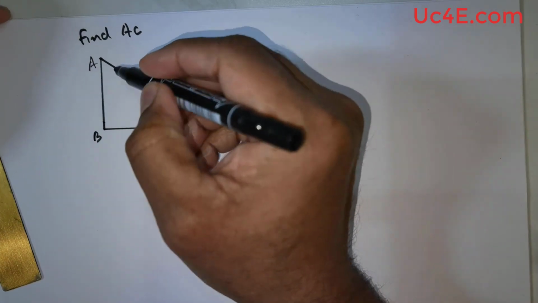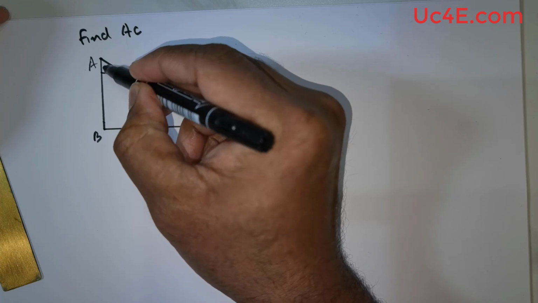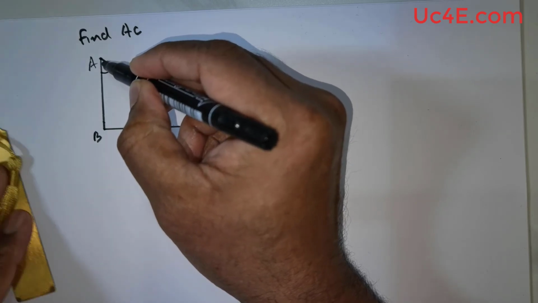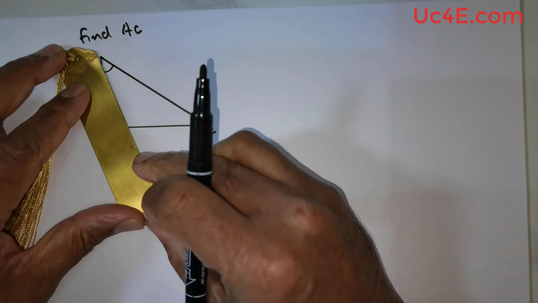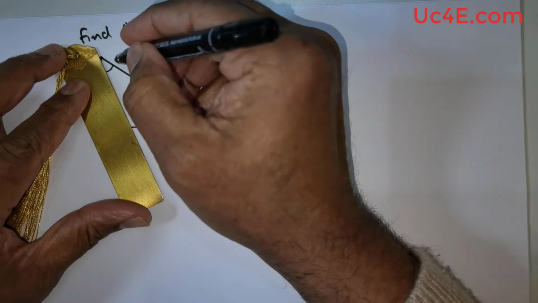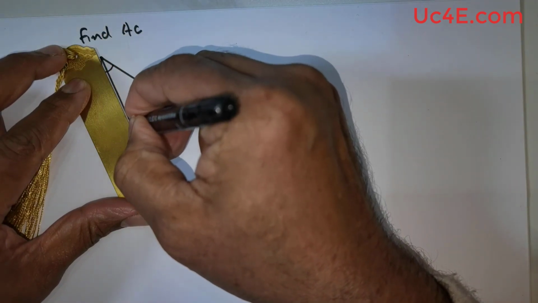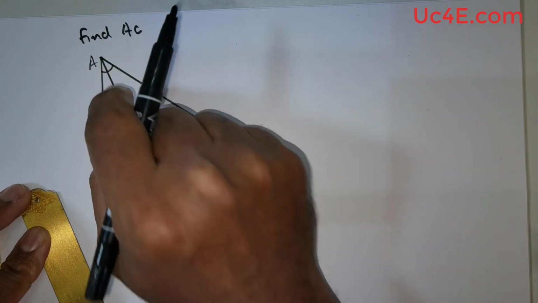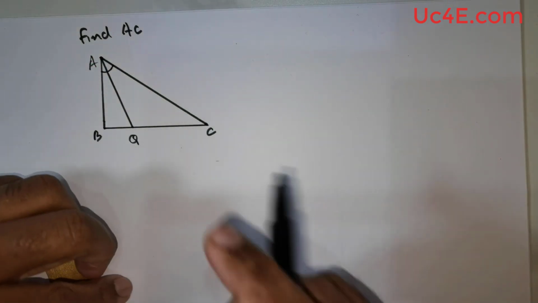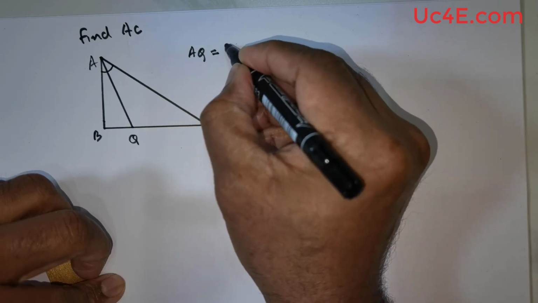Now there is an angle bisector which is AQ drawn in such a way that AQ bisects A, and it is given that AQ is equal to 9.